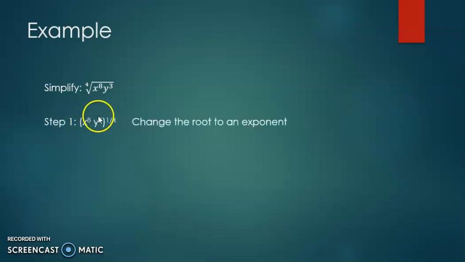So I kept these in parentheses because they were both in the root, and then I did 1/4 power here. Now I can just use my laws of exponents to distribute the 1/4 power in to each exponent. So 1/4 times 8 is 2, so I have x to the second, and 1/4 times 3 is 3/4, so I have y to the 3/4.